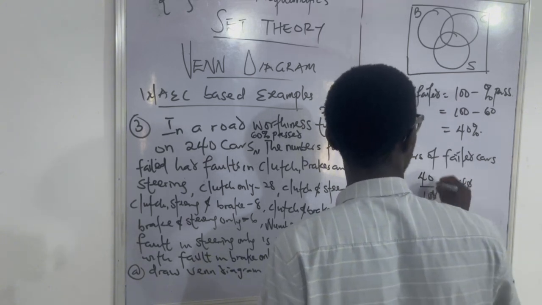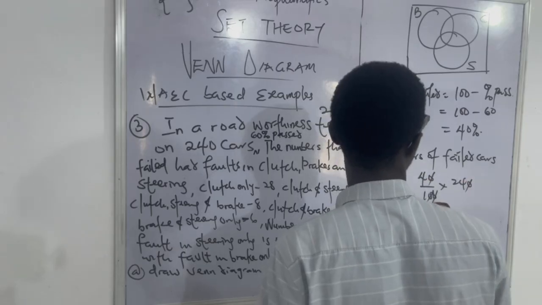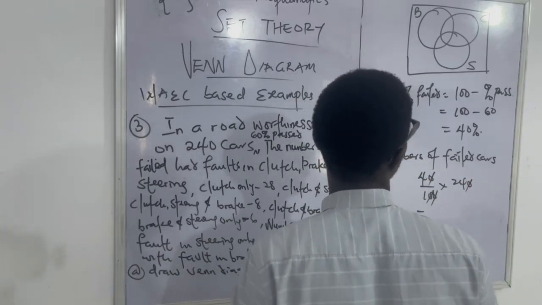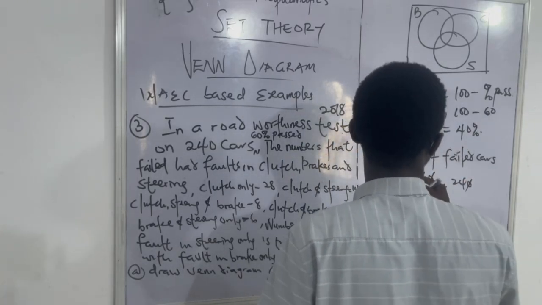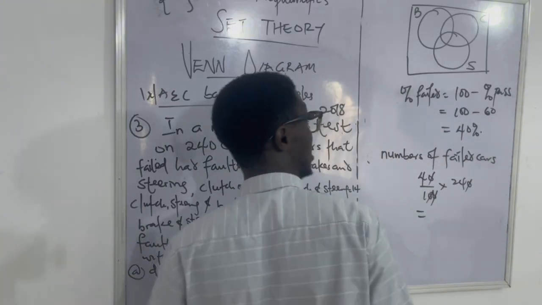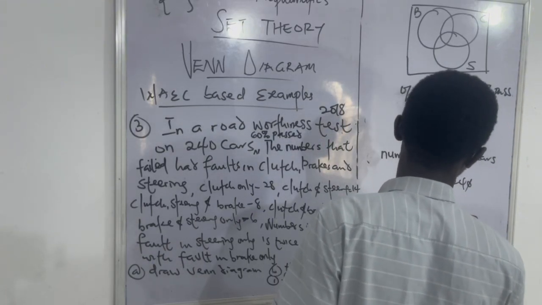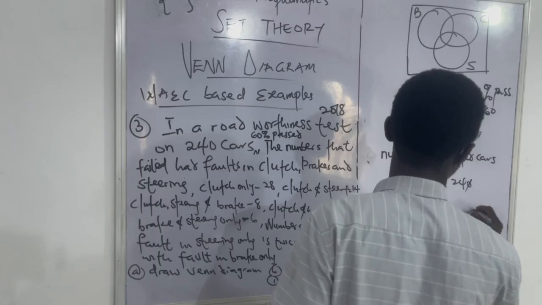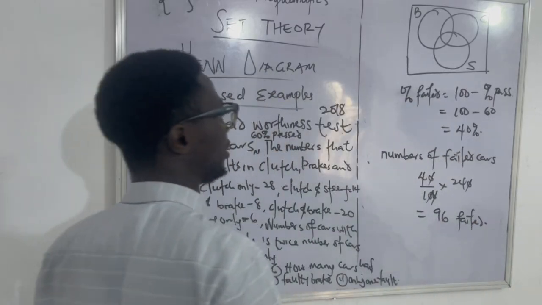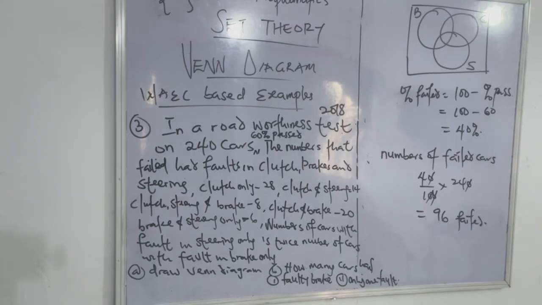This cancels this, cancels this. 4 times 24, so 4 times 4 is 16, 4 times 20 is 80. That's 96. So 96 cars failed. So we are dealing with 96 failed cars.